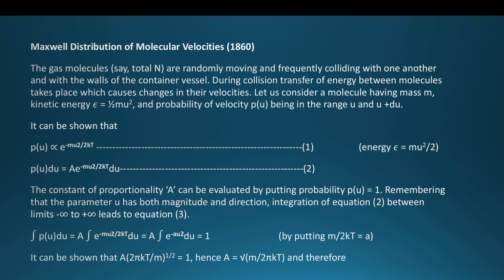Let us consider the probability dP of u being in the range u and u plus du. It can be shown that dP is proportional to e raised to the power minus mu square by 2 kT, that is e to the power minus energy over kT, where mu square by 2 is energy.